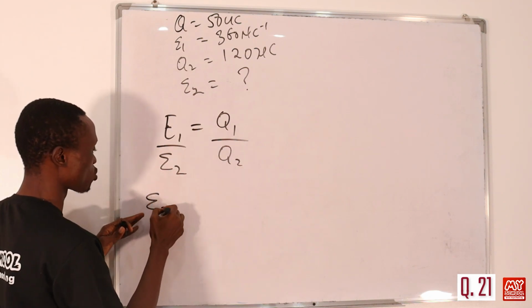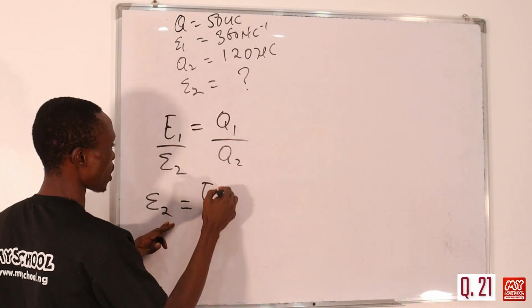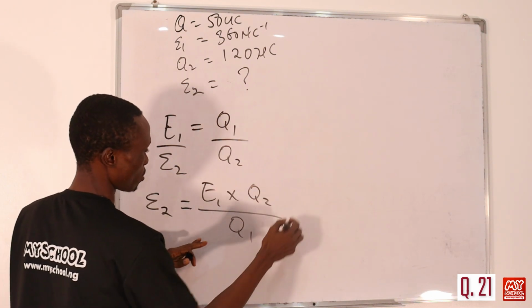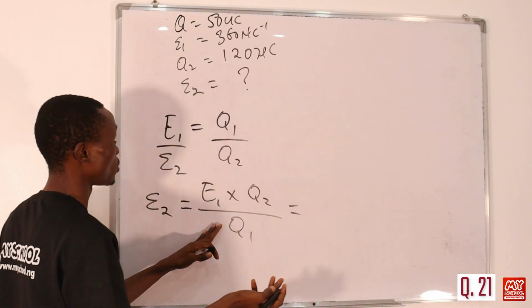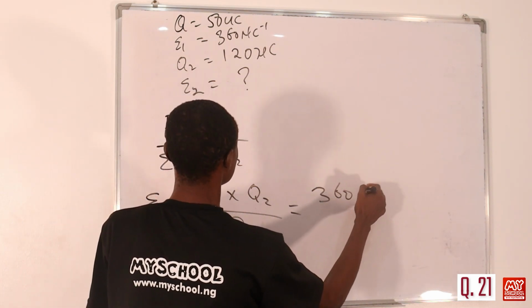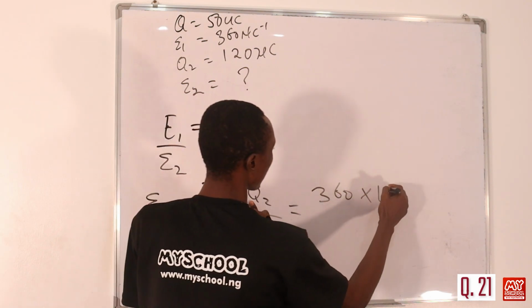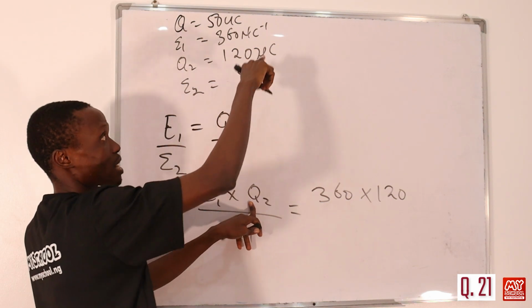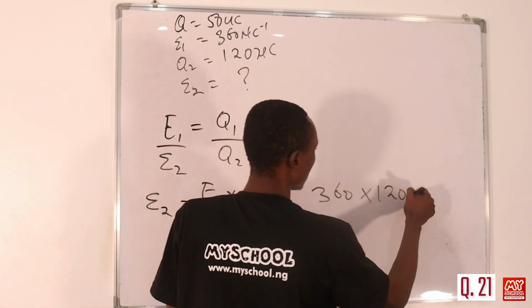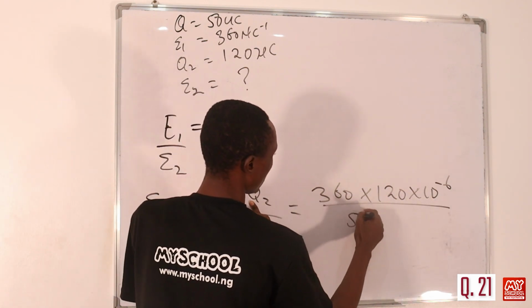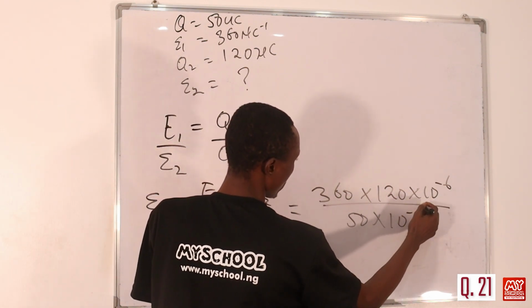So we'll have E2 equals E1 times Q2 divided by Q1. Let's substitute the values given to us. E1 is 360, times Q2 is 120 microcoulomb, which means times 10 raised to power minus 6, over 50 also times 10 raised to power minus 6.